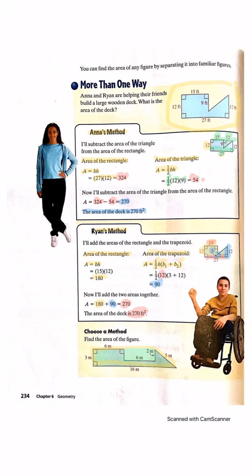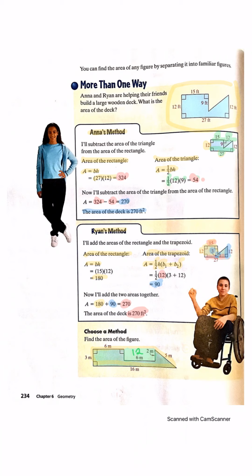So looking at this rectangle, I know that the area is the base times the height. So 6 times 2. So that area is going to be 12. Now looking at the figure as a whole, I need to know what base 1 and base 2 are going to be, and then add them together.